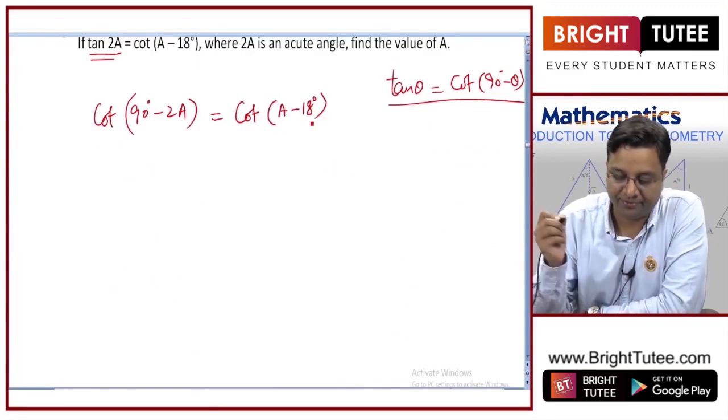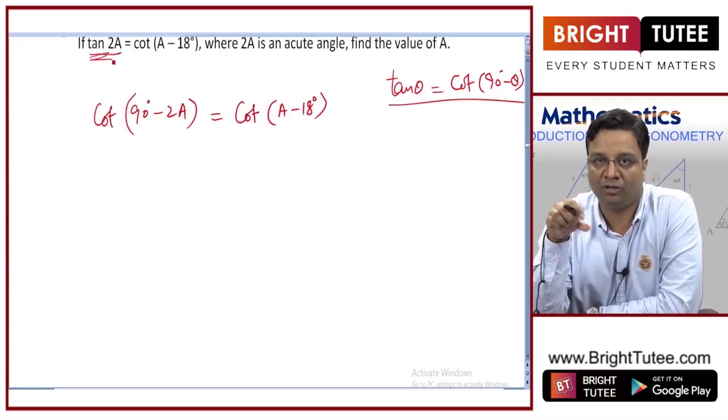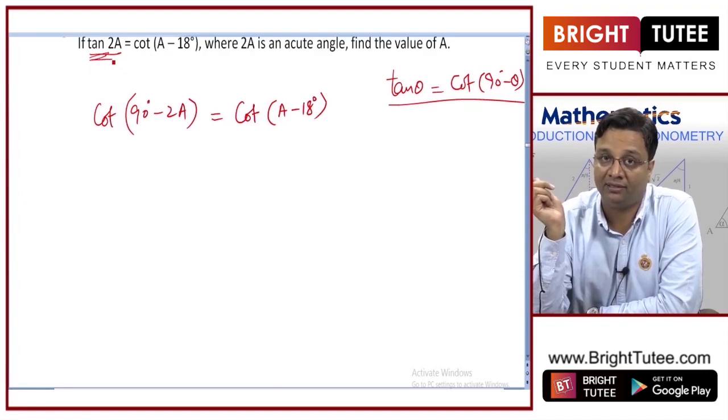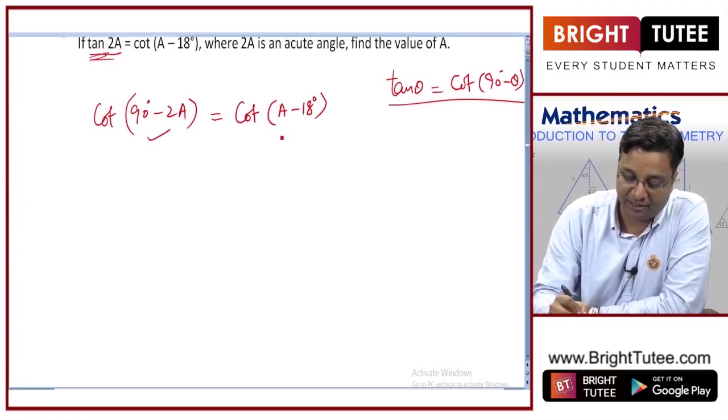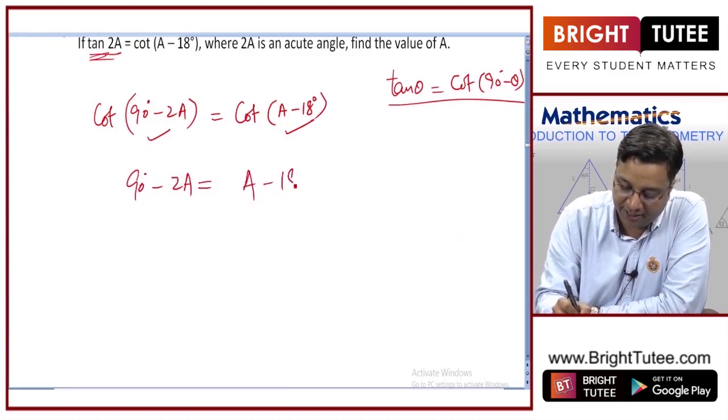Why have I converted it into cot? Because on both sides I need the same trigonometric ratio to compare the angles. Now I can compare these angles because they are acute angles. 90 minus 2A is equal to A minus 18. So I can bring this 2A to the right hand side.